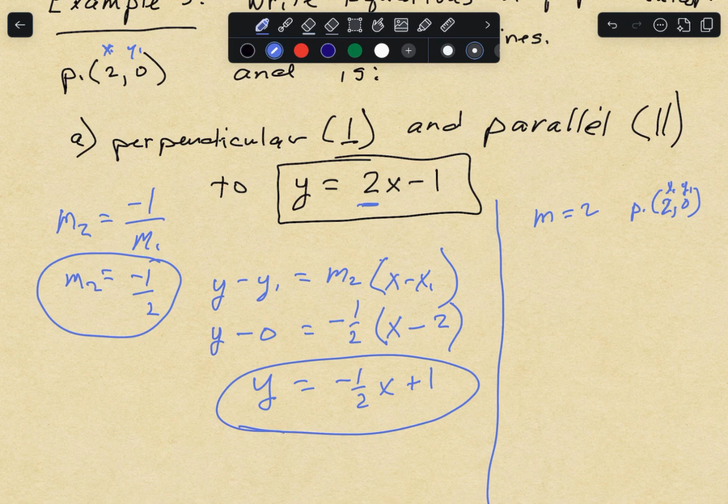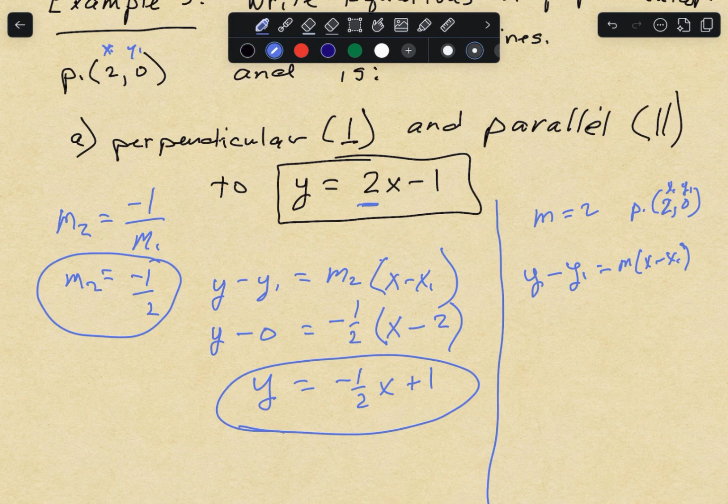And so now what you got to do is plug all this stuff back in. You say, okay, y minus y sub 1 equals m times x minus x sub 1. And now you're going to plug everything in.